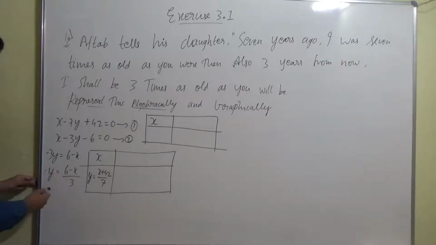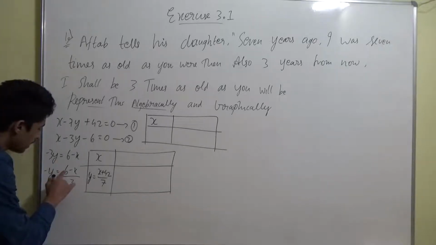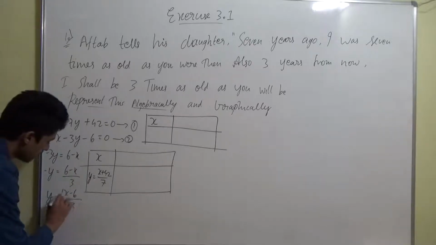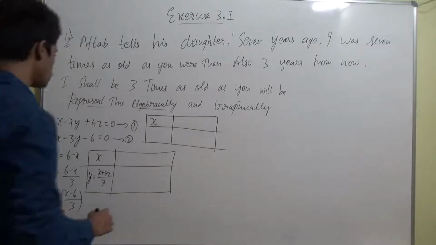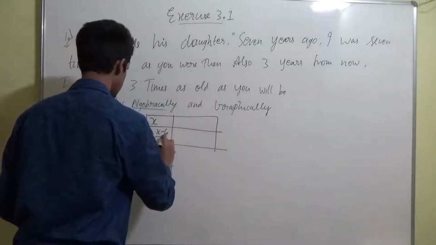We don't need the minus sign. So we'll multiply minus on both sides, on the LHS as well as RHS. That time it will become plus y, and here you're multiplying by minus, so the places will get interchanged. It becomes x minus 6 by 3. So here the value is y equal to x minus 6 by 3.